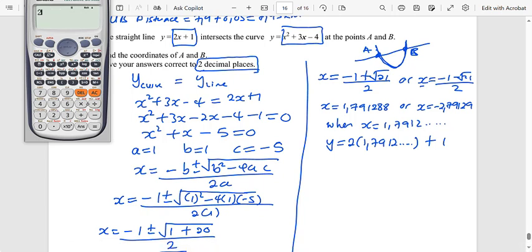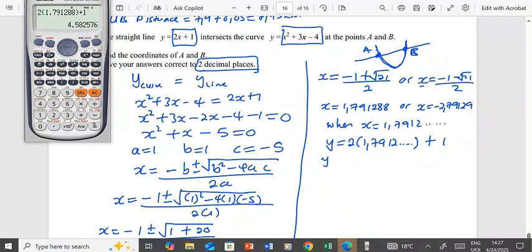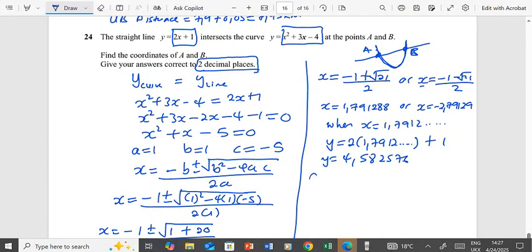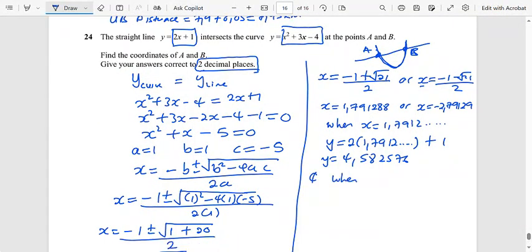So 2 times 1.791288, then plus a 1. The answer I get there is y is equal to 4.582576.